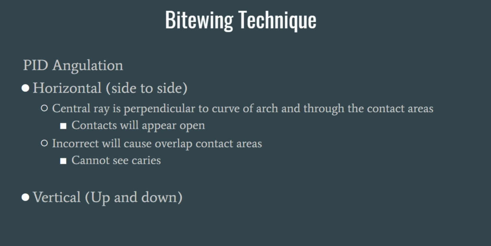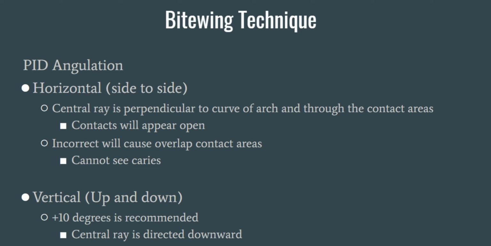Vertical angulation is your up and down, again like shaking your head up and down as if you're saying yes. With this angulation, we do have degrees, and a positive 10 degrees is recommended for your vertical angulation. This is where the central ray would be directed at that slightly downward angle.